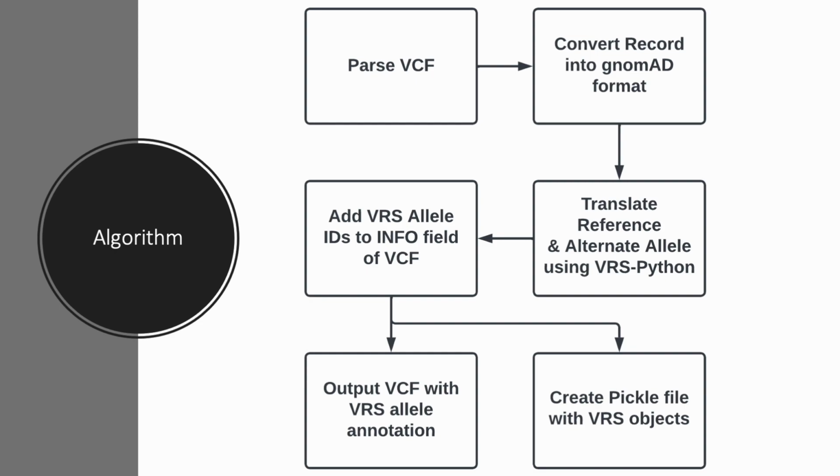Once the VERS representation has been created, we add the VERS allele IDs to the info field of the VCF. Finally, we output a new VCF that has been annotated with the VERS allele IDs, and the user can also choose to output a pickle file with a full VERS object for each VCF record.